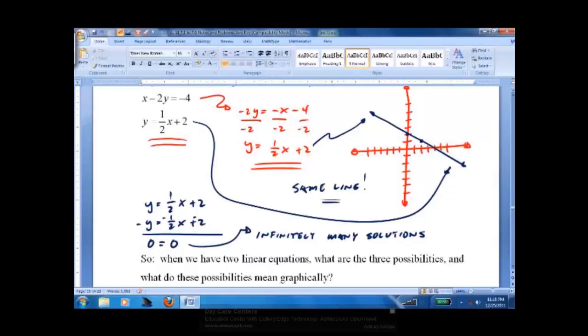For example, in this one, if we put in 0, 2, that would work. That's just one solution. We could also put in 2, 4. That would also work, and so on and so on. My line is graphed wrong.